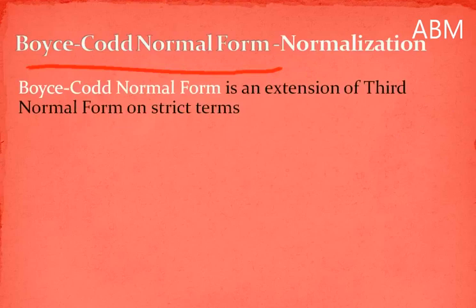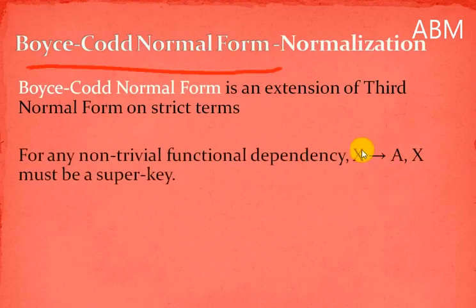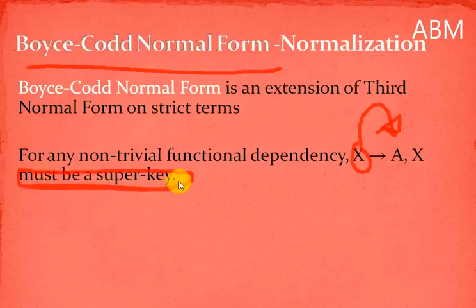Boyce-Codd normal form is actually the extension of the third normal form, and the one condition is that, for example, if X determines A, then X must be a super key. Okay, X must be a super key.